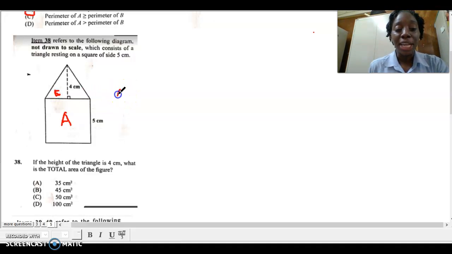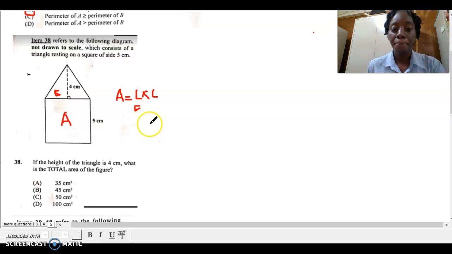So the area of A is a square, so you know a square has a length, so it's length times length. The length here is 5 centimeters times 5 centimeters. So 5 times 5 is equal to 25 centimeters squared.